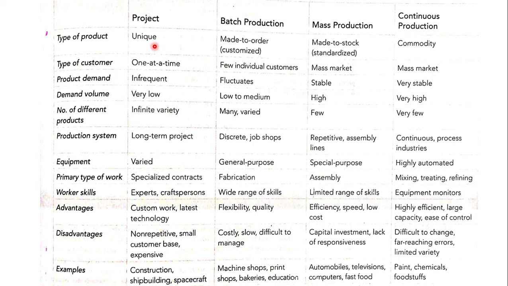For projects, the production system is a long-term process. It cannot be done by deciding today that the market wants this project. Suppose someone is making a building on a 1 acre land. It is a very big project, not a small project that is decided today and executed within a year's time.